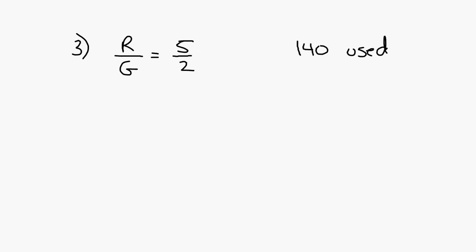How many red were used? This is like those triangle problems that we've done in the past with extended ratios. Here's how you set this up. You take 5 times a multiplier plus 2 times a multiplier, and you make it equal to the 140 that are used.